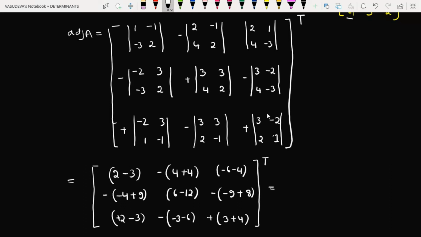Taking the transpose. Now writing, simplifying the form. 2 minus 3 is minus 1, minus 8, minus 10, minus 4 plus 9 is minus 5, 6 minus 12 is minus 6, minus 9 plus 8 is minus of minus 1, so this is 1.